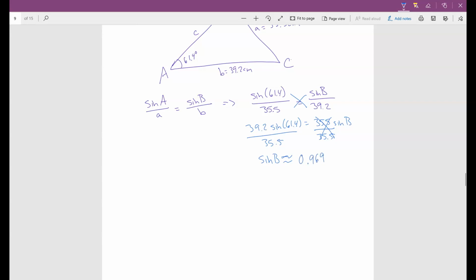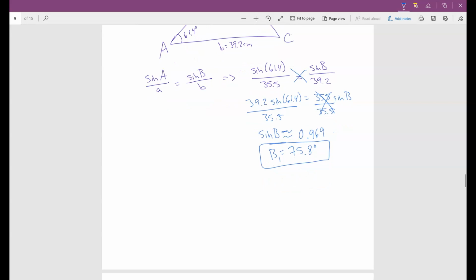Okay, so not quite 1. You can't round. Okay, so now let's take sine inverse to both sides. And what I'm going to end up getting is 75.8. And I'm going to label this B1 because the second triangle may exist. Alright, so remember, how do we solve for the second triangle?